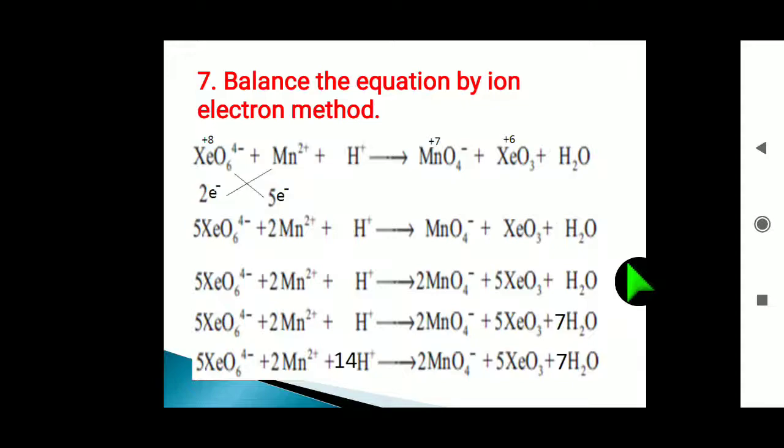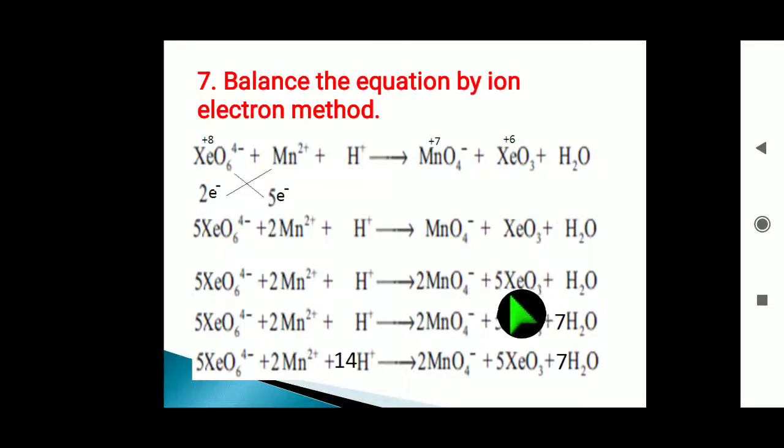Now we have to find oxygen. Left side 5 into 6, 30 oxygen. So right side, 2 into 4, 8 oxygen. 5 into 3, 15 oxygen.